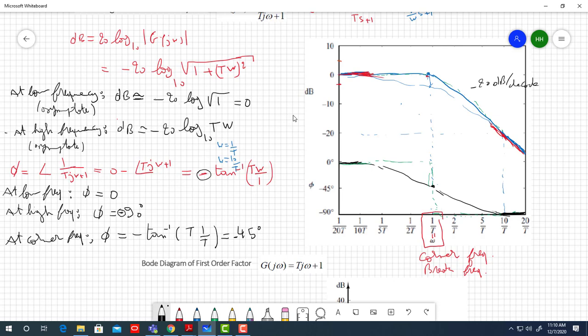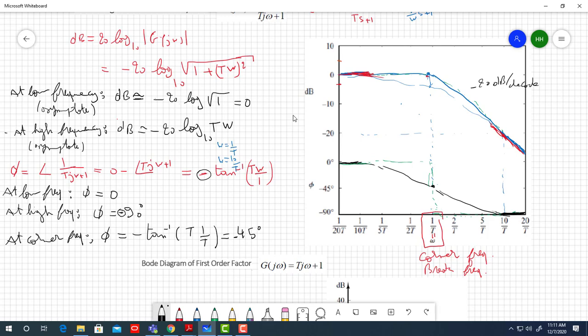So I expect the first order factor ts plus 1 to have plus 20 decibel per decade and a positive phase. Let's do it together and check if that's it.